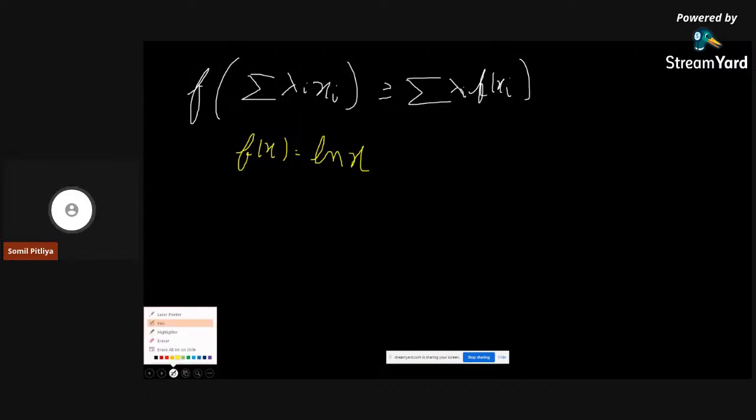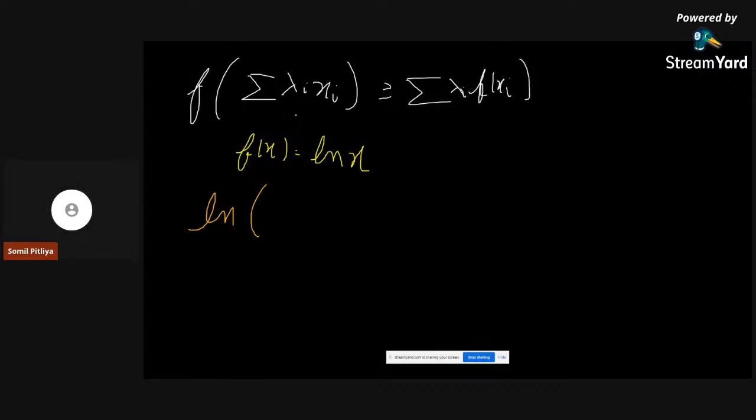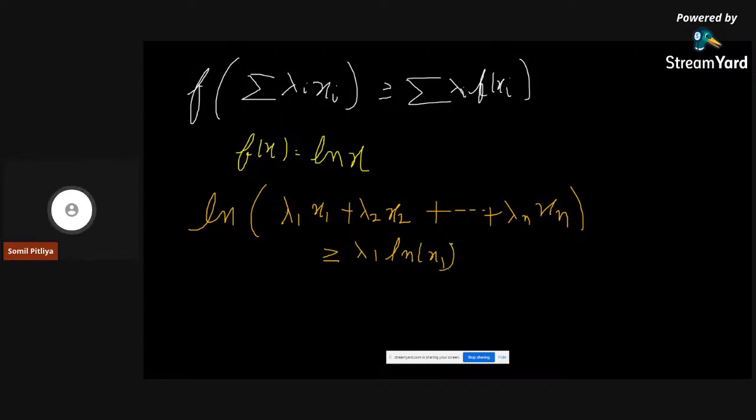So what I have is ln of lambda 1 x1 plus lambda 2 x2 plus lambda 3 x3 and so on till lambda n xn. This will be greater than or equal to lambda 1 ln of x1 plus lambda 2 ln of x2 and so on till lambda n ln of xn.